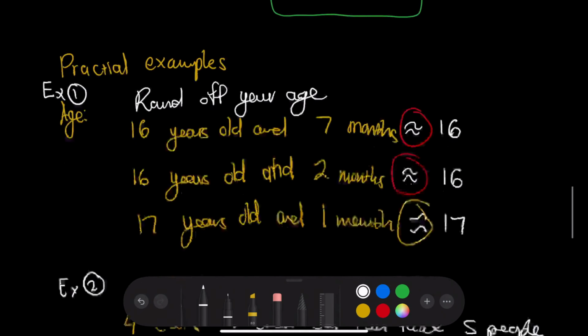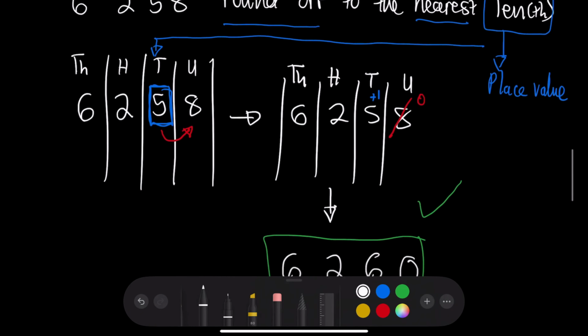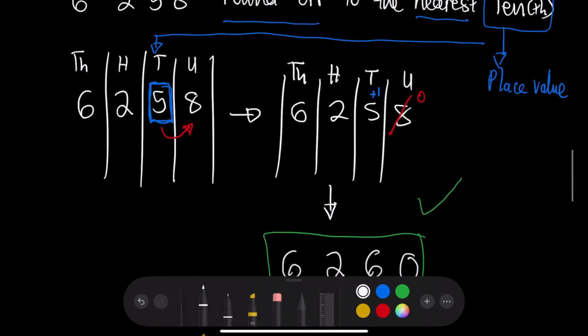So once again, always remember in all of these examples, whenever you are rounding off to specific values, you always use this symbol. Those are the symbols you have to use.